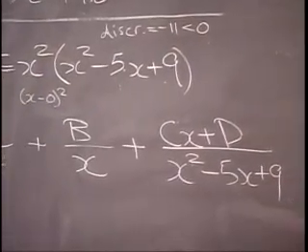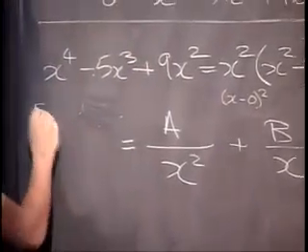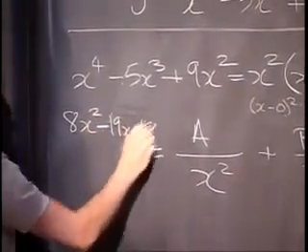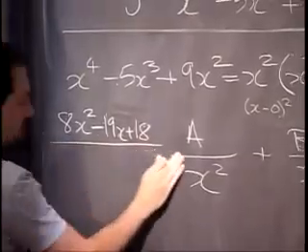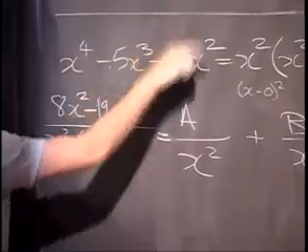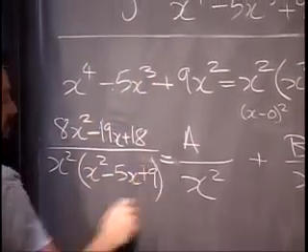That's the form. And that's supposed to be equal to the original integrand, 8x squared minus 19x plus 18 over x squared times, I'm putting the factored version because it's a little bit more straightforward.